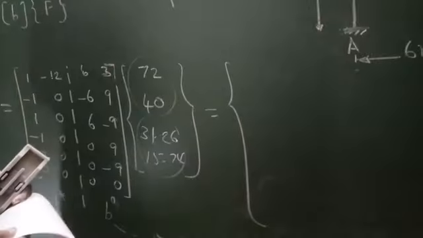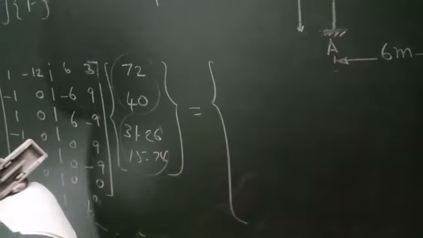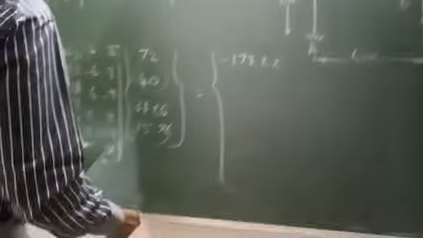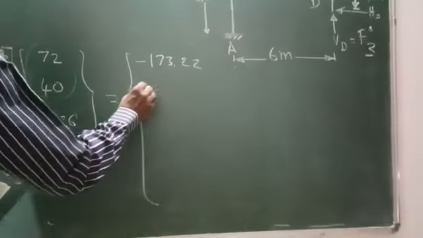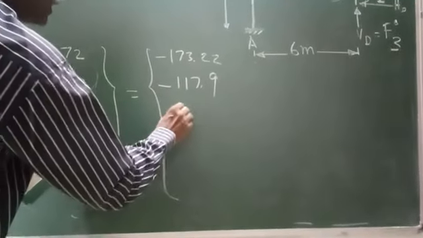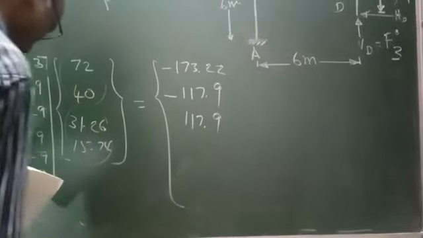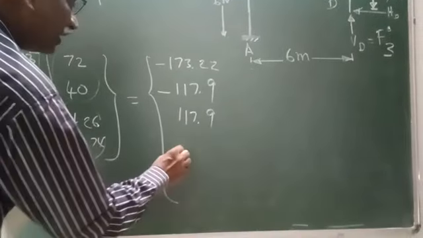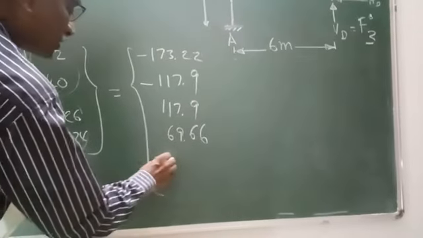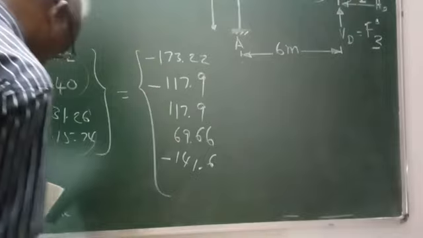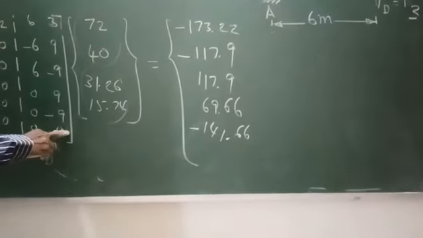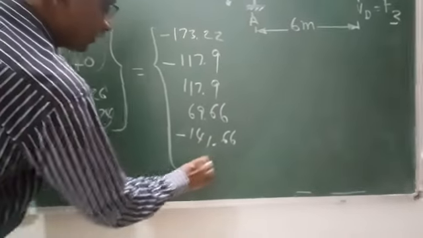Like that, for 6 rows you will be getting the values: 173.22, minus 117.9, 69.66, minus 141.66, and in the last row all values are 0, so multiplying gives 0.